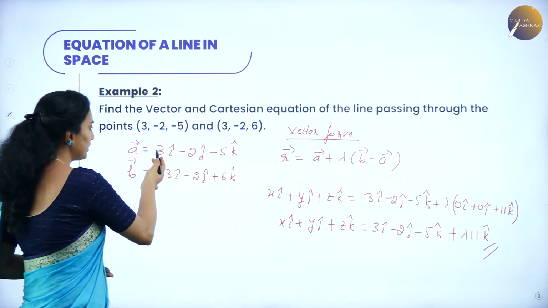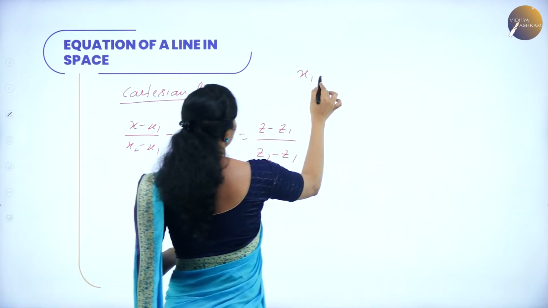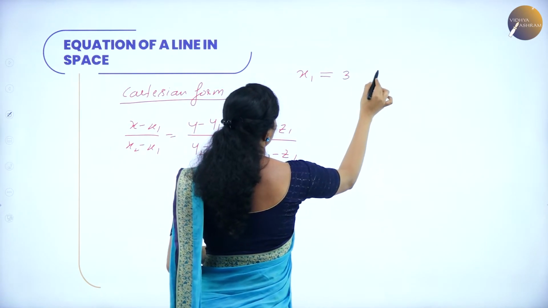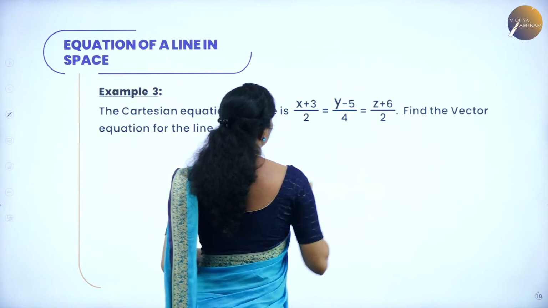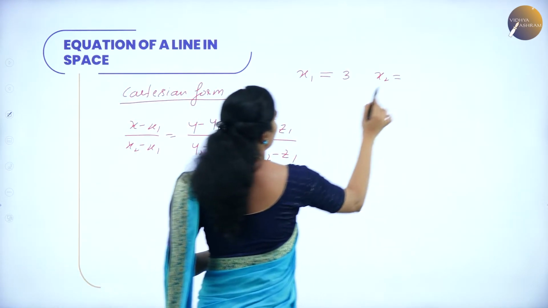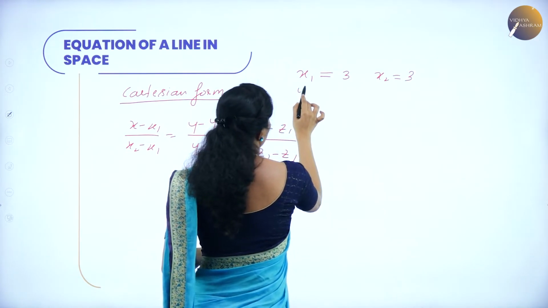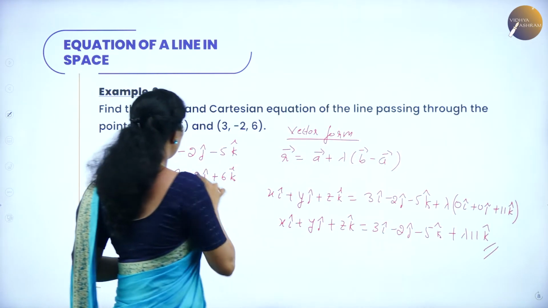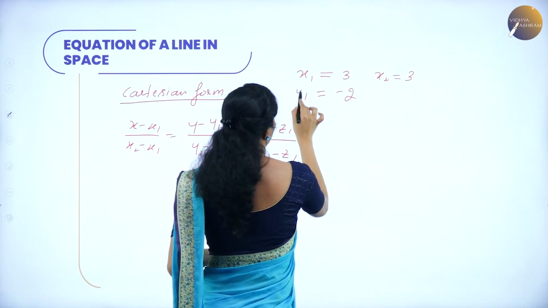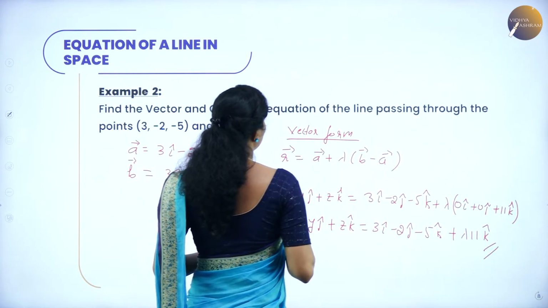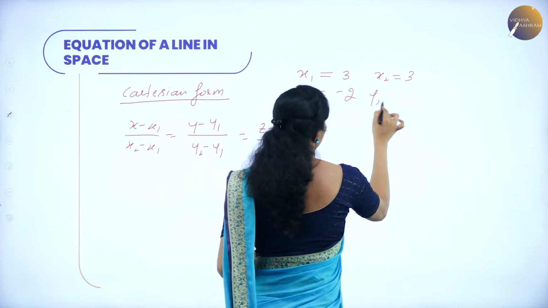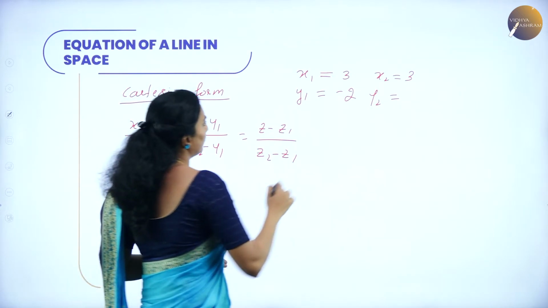So let me write x1 is equals to 3 and x2 will be equals to 3, and y1 will be equals to minus 2 and y2 will be equals to minus 2.